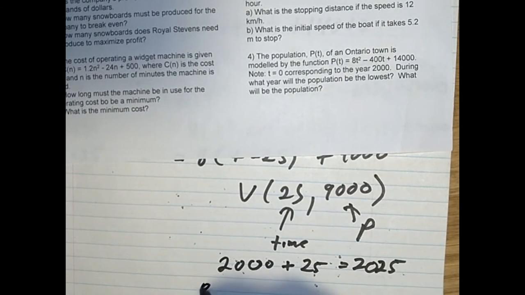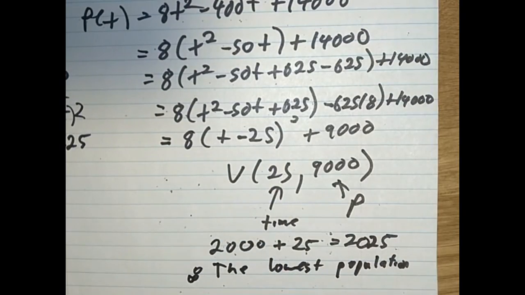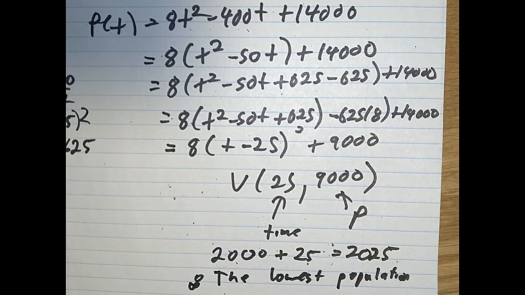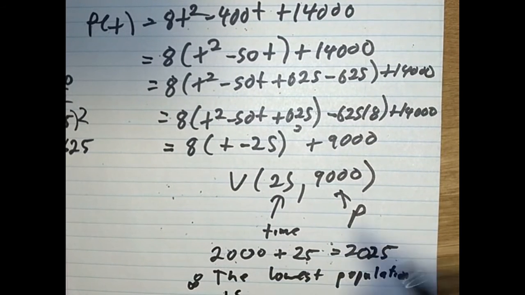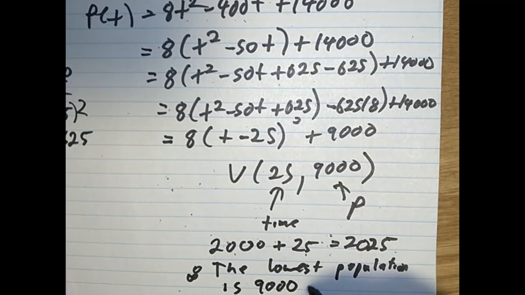Therefore, the lowest population is 9,000, occurring in 2025.